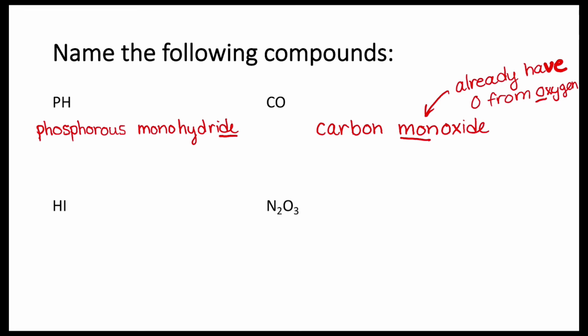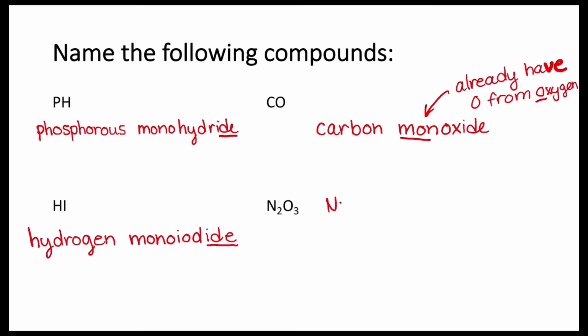Okay, the next one, HI. So write the first element, hydrogen, and then we have 1 iodine, so it's mono iodide. Let's change the ending to IDE.